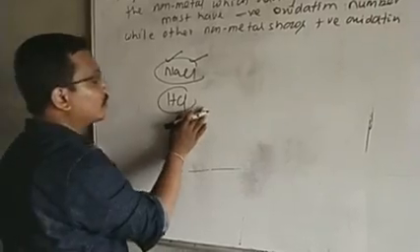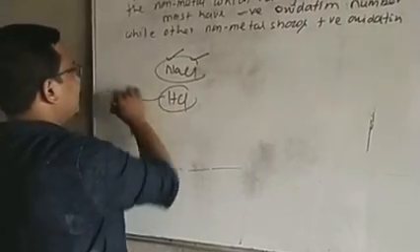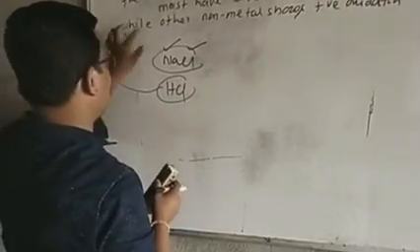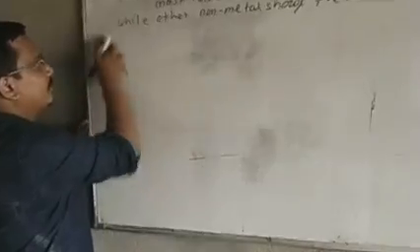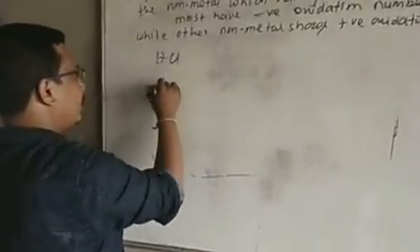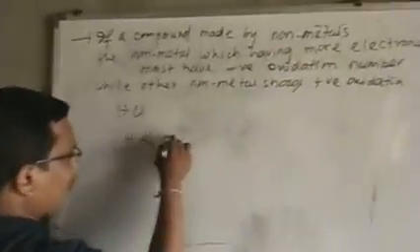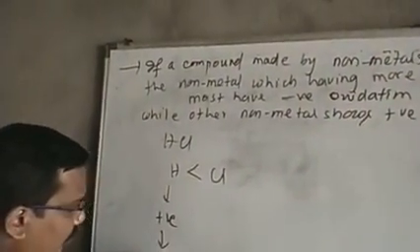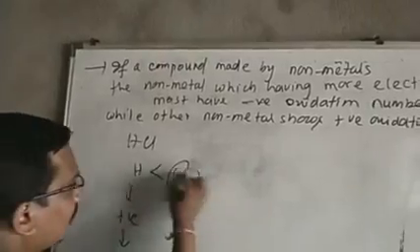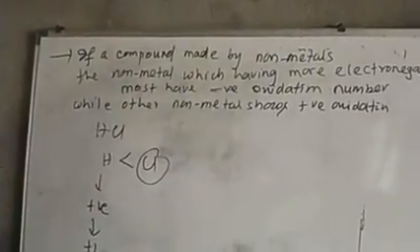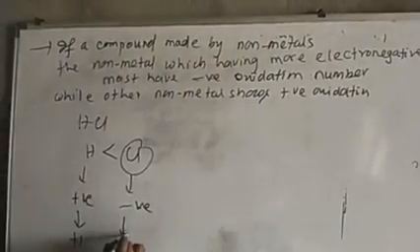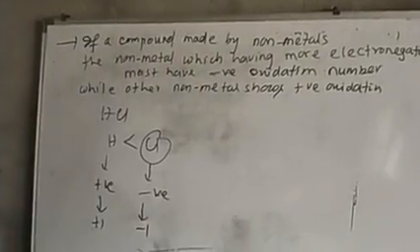In HCl, both are non-metals. In HCl, hydrogen has less electronegativity than chlorine. Hydrogen must show a positive oxidation state, +1. Chlorine has more electronegativity, so it shows a negative oxidation state, -1.